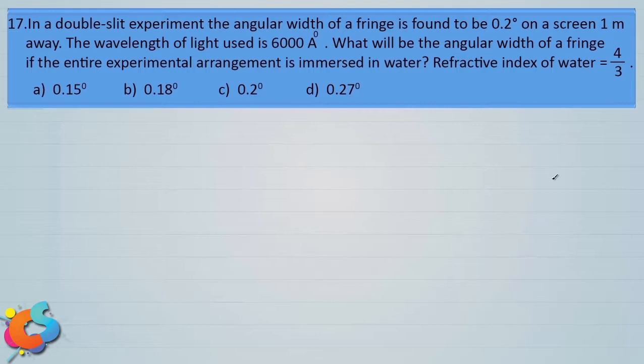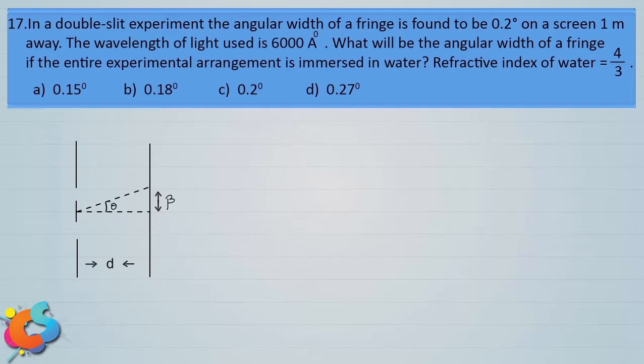Students, this is a question based on angular width. Let's first of all understand what is angular width of a fringe. Now, if you consider the experimental apparatus, now if I say that this is the width of one fringe, that is beta, then the angular position of this fringe, let it be denoted by some theta.